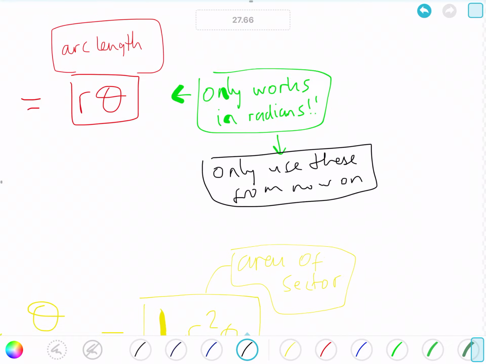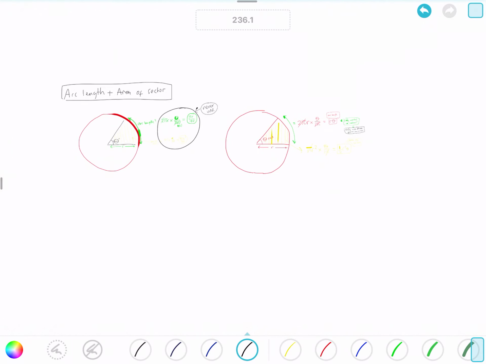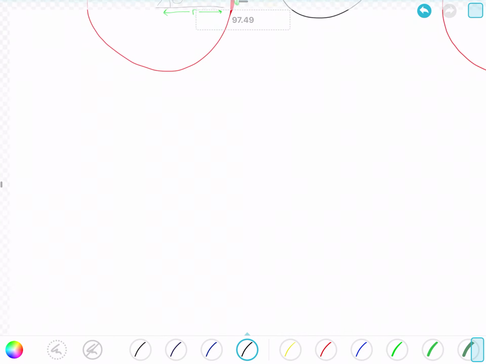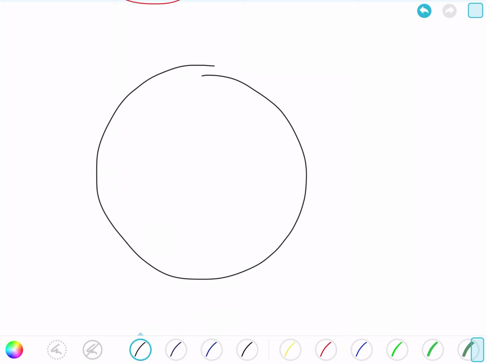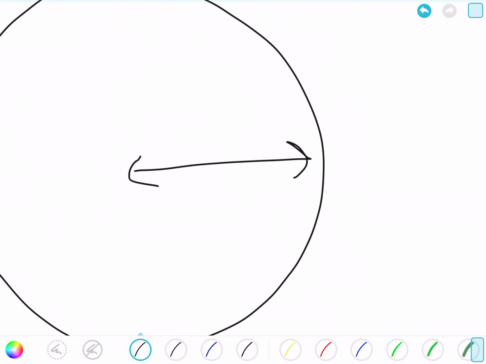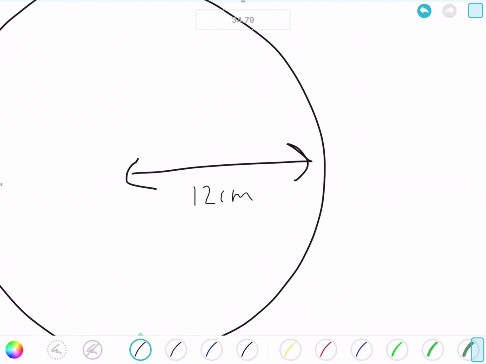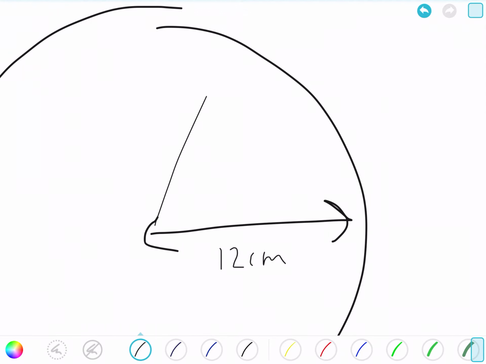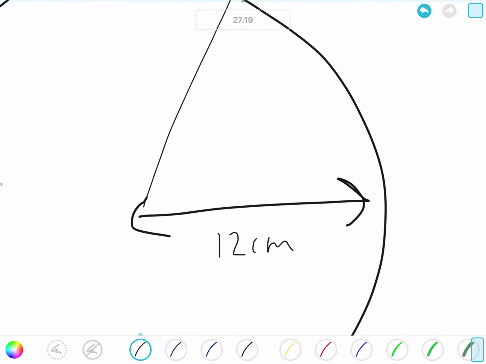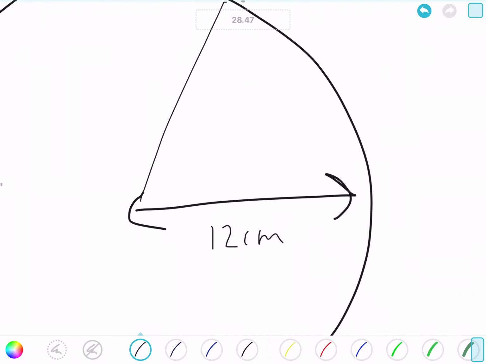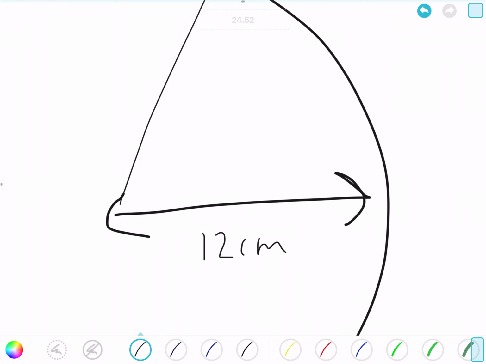So, a quick example could be: here's a circle. Let's say we've got a radius of 12 centimeters, and we've got an angle of, shall we say, pi over 3 radians.